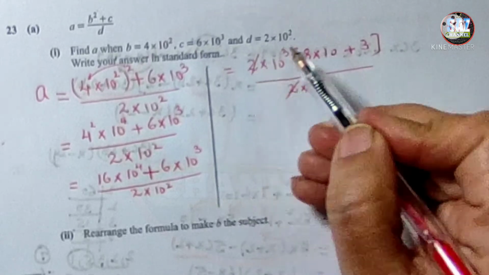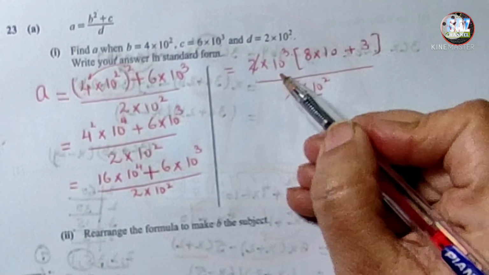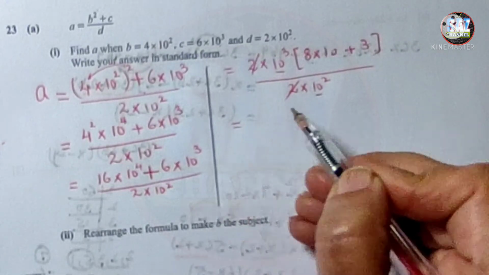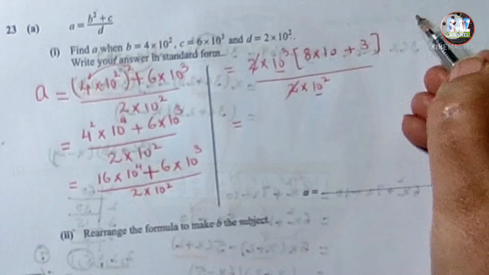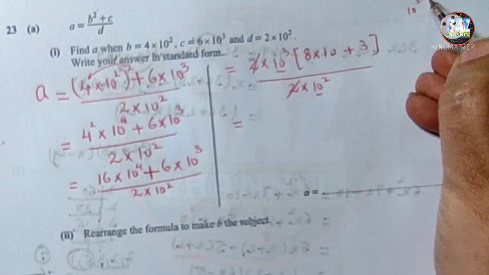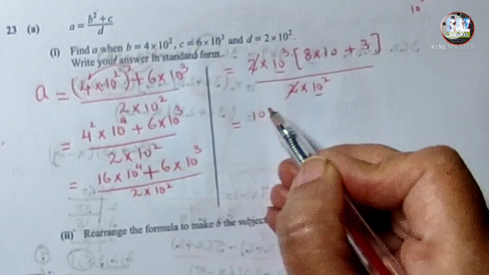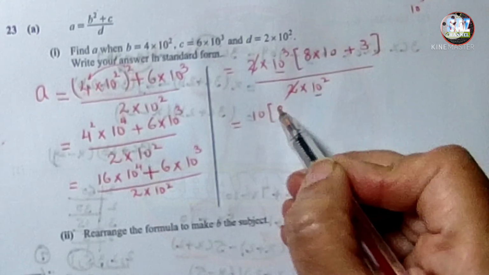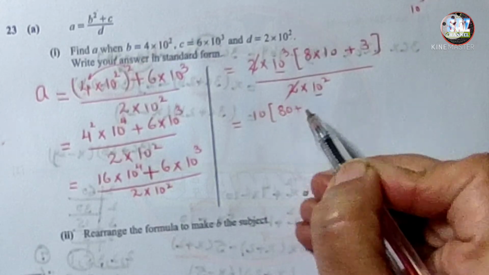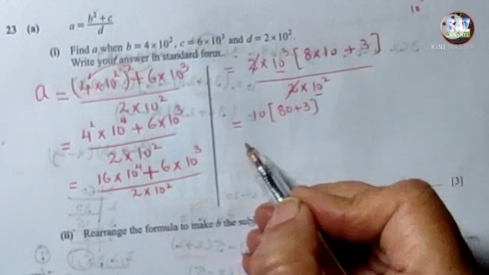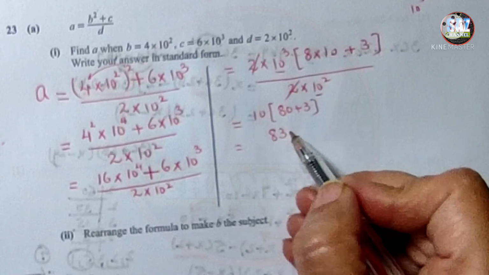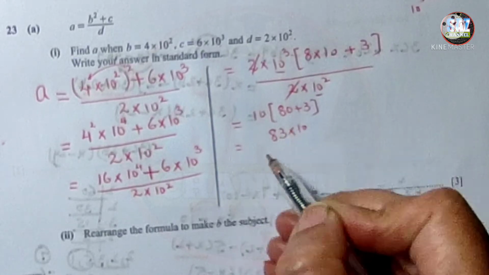This 2 goes with 2, and over here we will be applying the division law of indices with the same bases, and it will become 10 raised to the power of 3 minus 2, which is 10, and inside the bracket I will be left with 80 plus 3, which is 83 multiplied by 10.